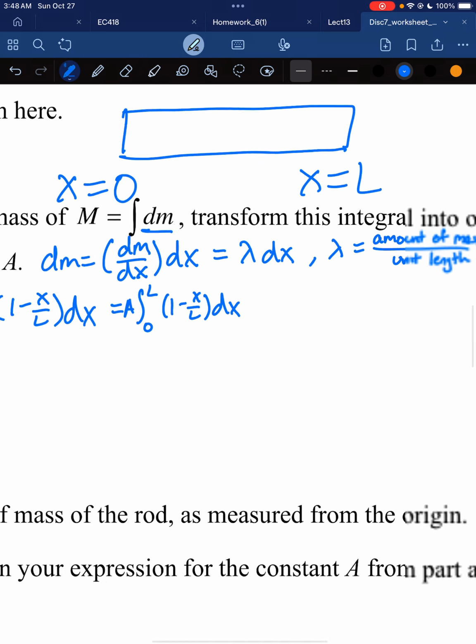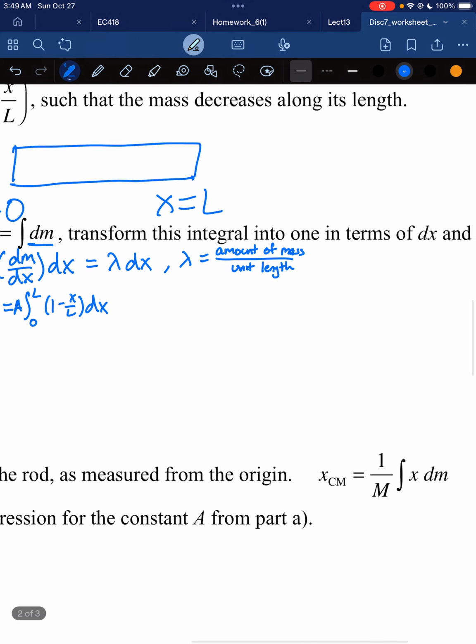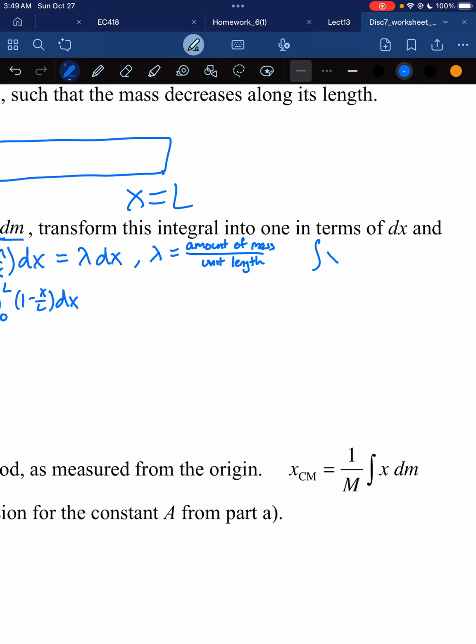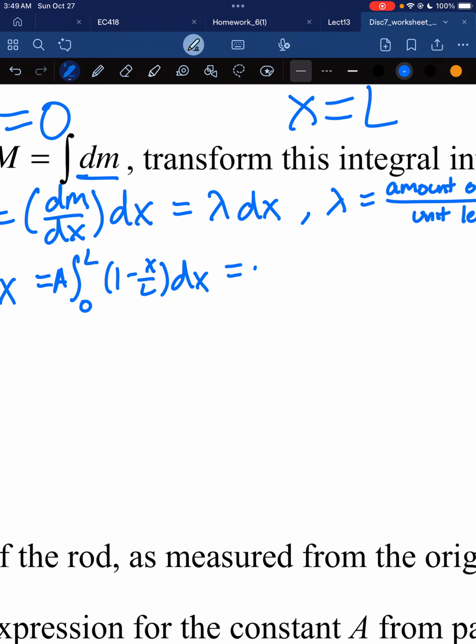And here, I'm just going to use the power rule. I'll write it over here on the side, which says that the integral of x to the n power is going to be equal to x to the n plus 1 power divided by n plus 1. So in this case, I'm going to get a times x minus x squared over 2L from 0 to L.